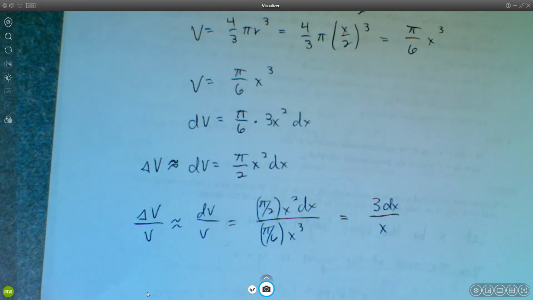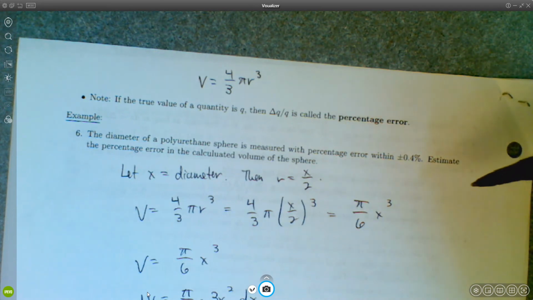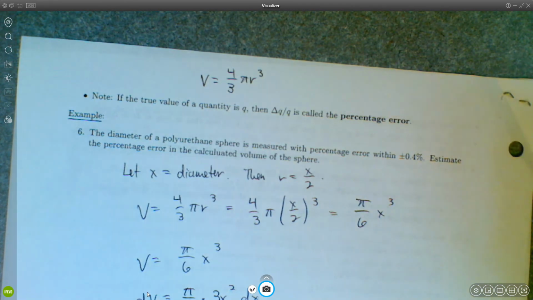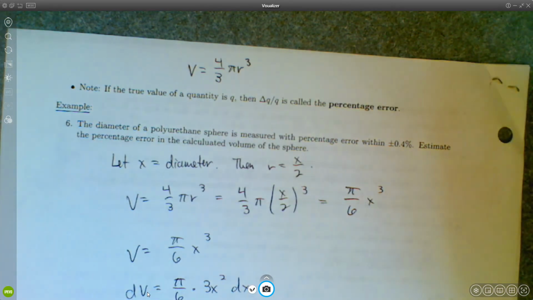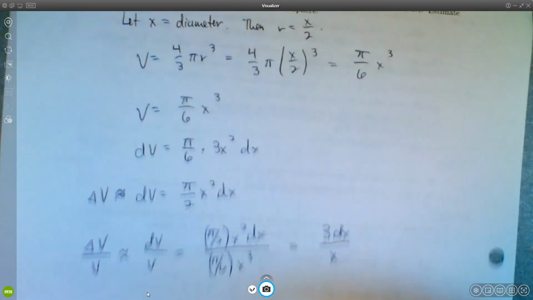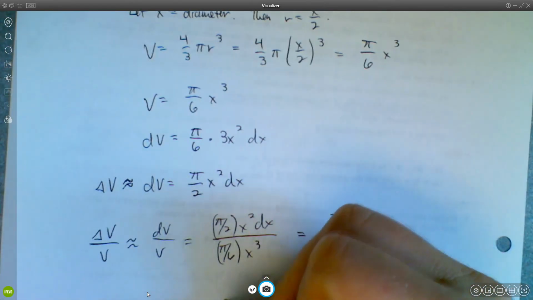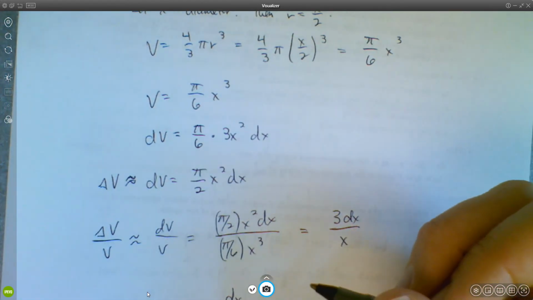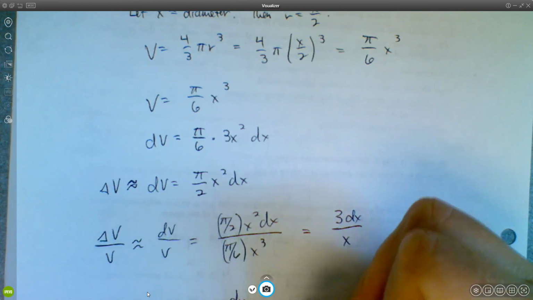Okay. Now, finally, we know that x is measured with a percentage error of 0.4%. So we know that dx over x, the percentage error, is going to be between negative 0.4% and positive 0.4%.